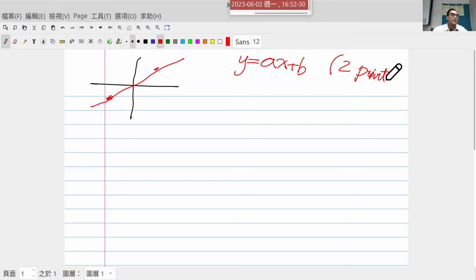And if we have 3 points, 1, 2, 3, we will get a quadratic curve.